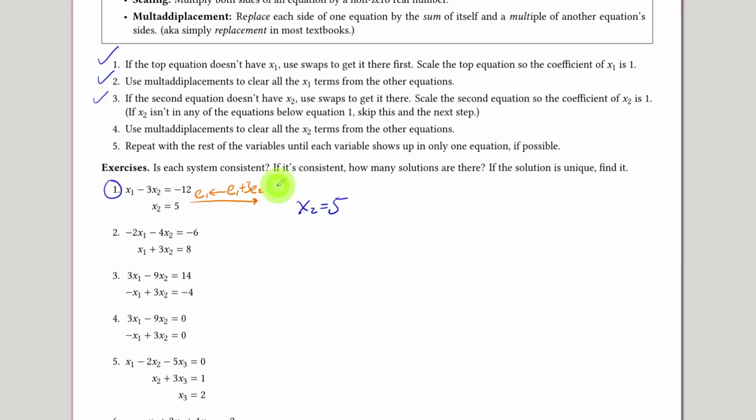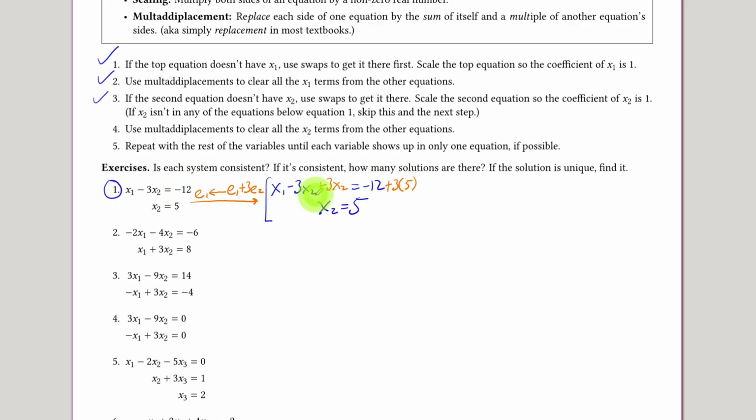So equation 1, after this operation, is going to be the left side of equation 1, minus 3x2, plus 3 times x2, because we're adding 3 times both sides of the second equation, and that would be equal to negative 12, what we had before, plus 3 times 5.